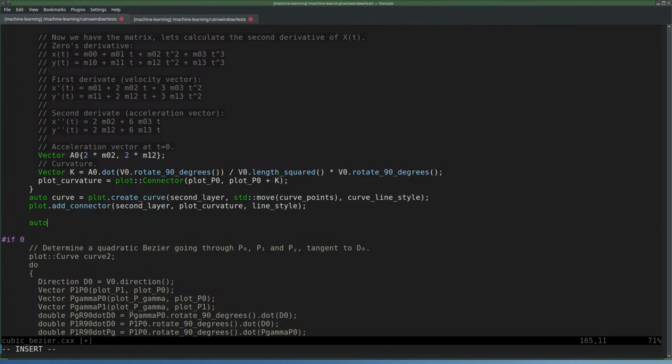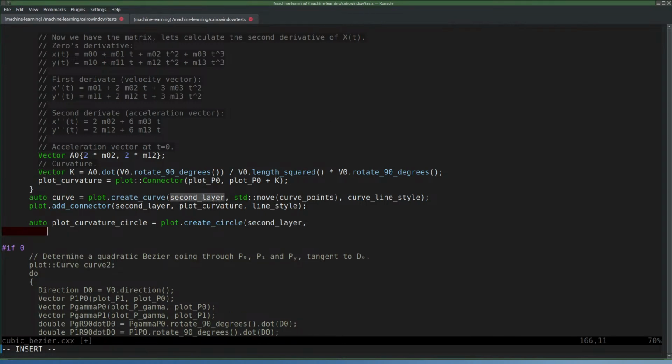So I just need a circle. Let's call it the plot curvature circle, which takes, I guess, a center point and a radius, right?